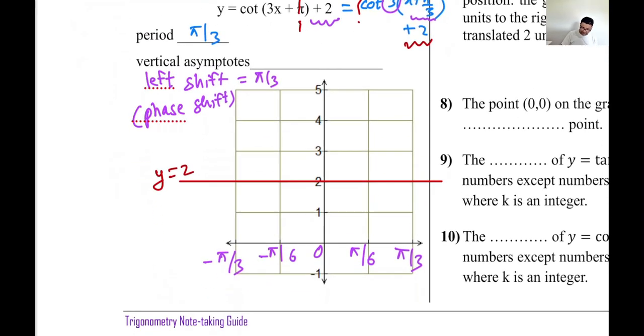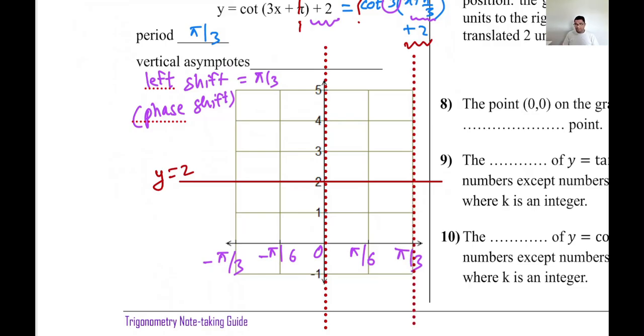To get a precise one, now we know where the asymptotes are. The asymptotes are here at 0 and pi over 3. And how do I know that? Because the period is pi over 3 now. The fundamental original period was 0 to pi. This will be 0 to pi over 3. So your asymptotes are here.